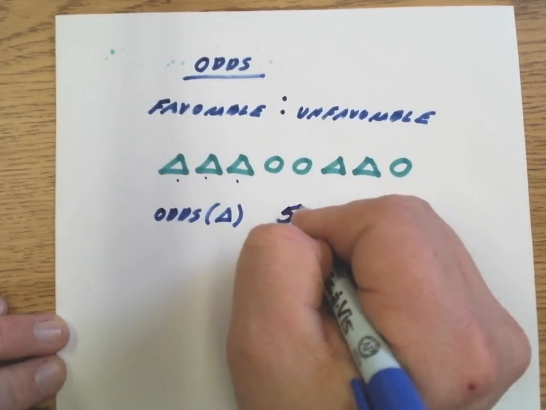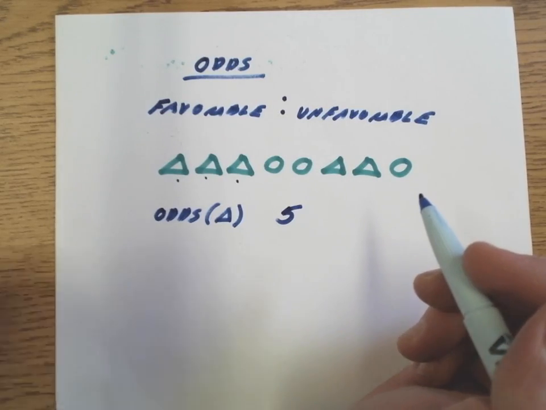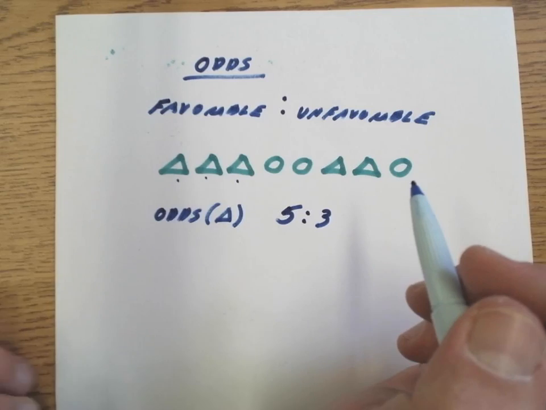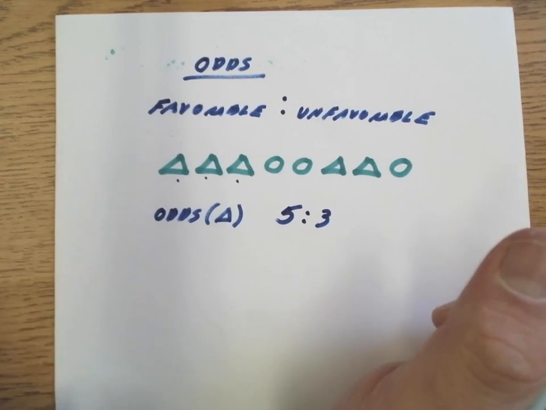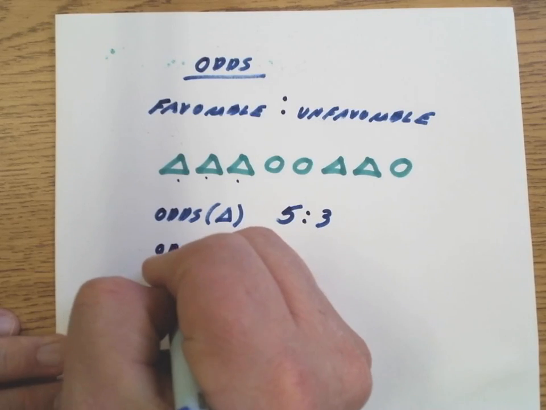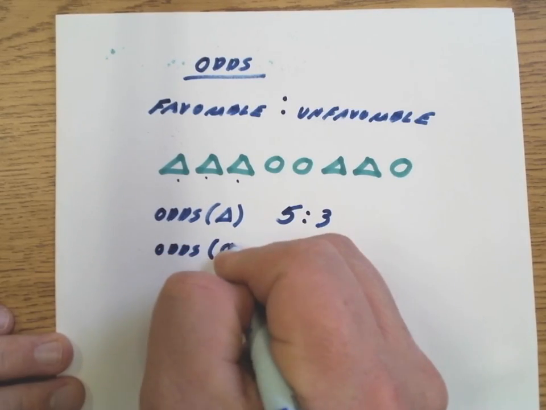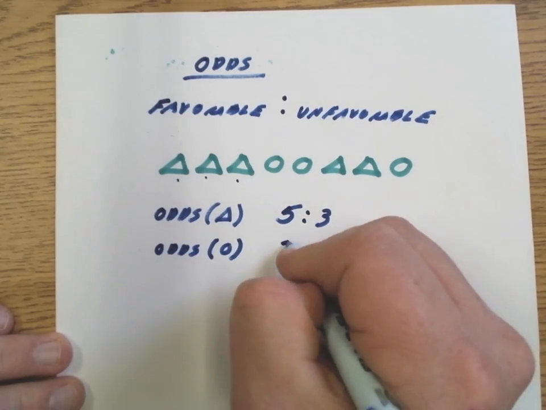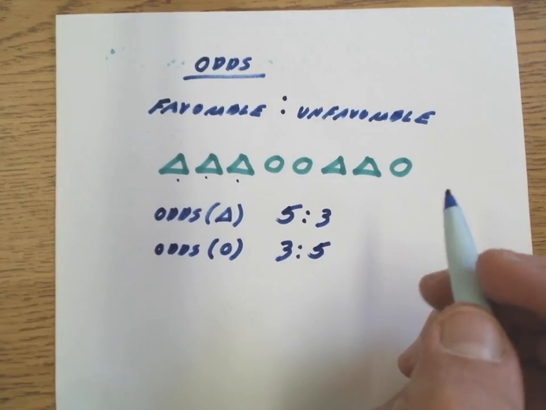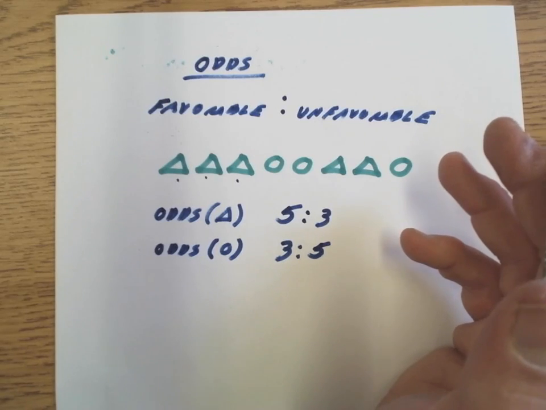So we have 5 triangles. How many objects are not triangles? 1, 2, 3. We say the odds of selecting a triangle from this group are 5 to 3. Now, the odds of selecting a circle: there are 3 circles, and there are 5 objects that are not circles, and that's how we would set that up.